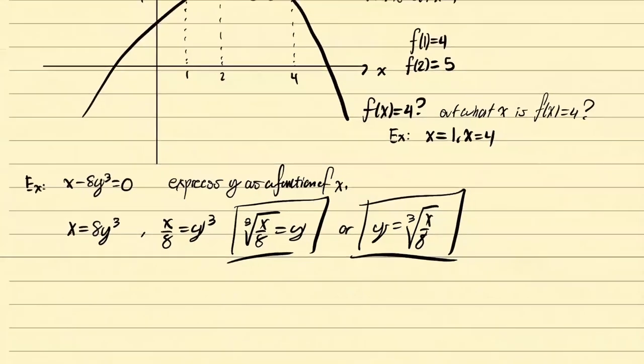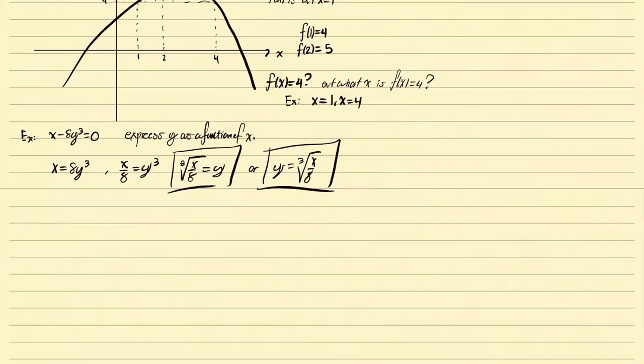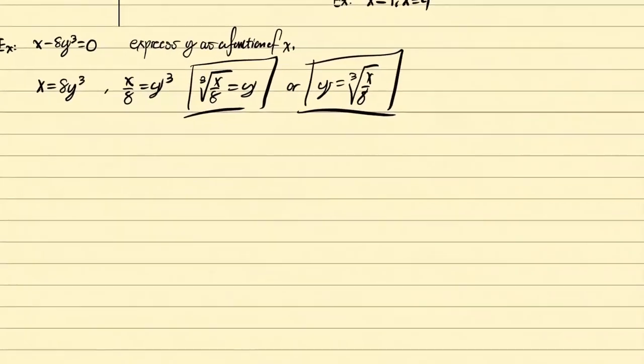So there's a really great test to figure out whether a graph truly represents a function. It is called the vertical line test.